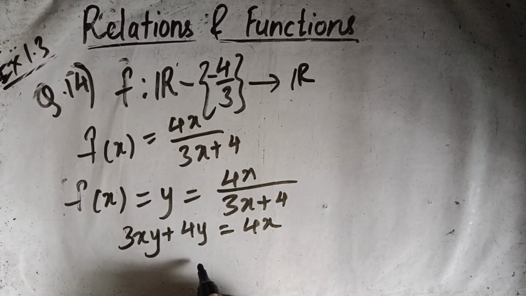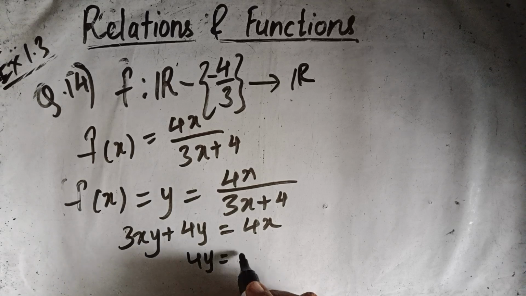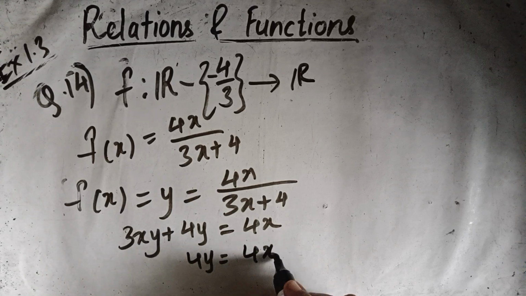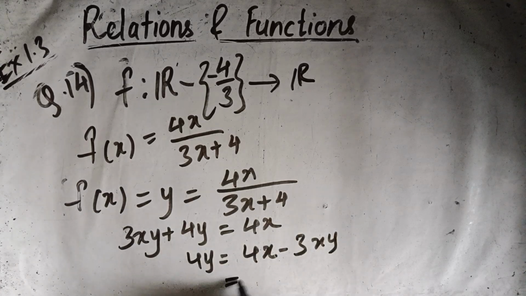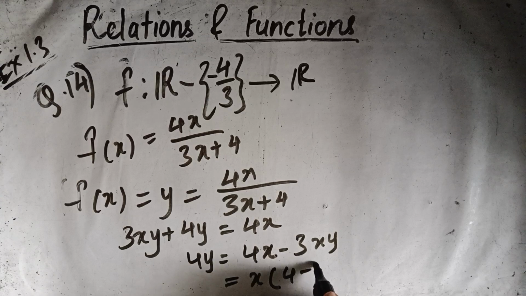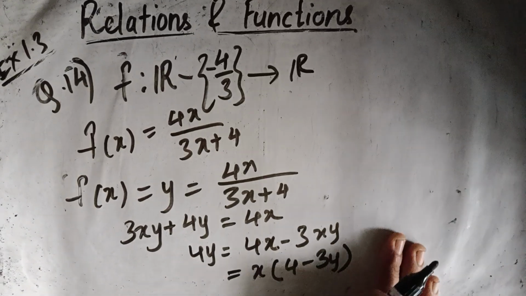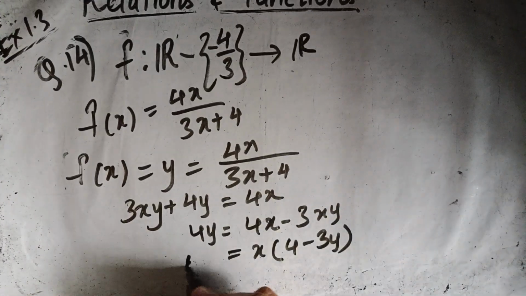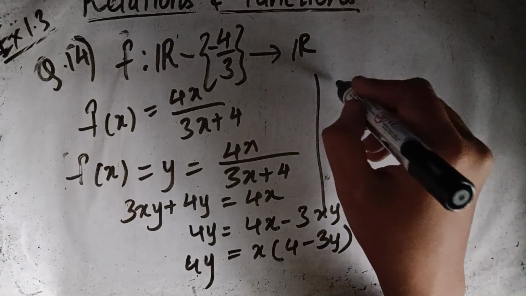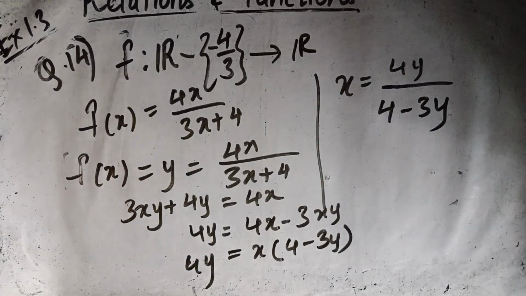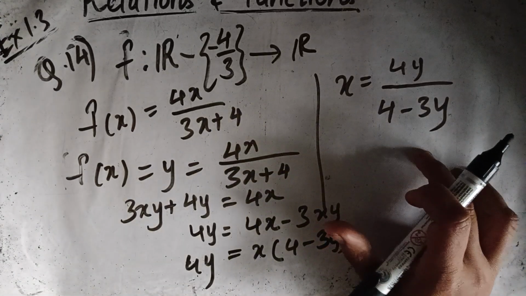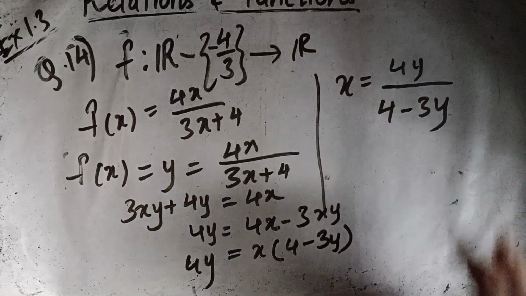So 4y equal to 4x minus 3xy. Take x common, so this is x times 4 minus 3y. So our x is 4y upon 4 minus 3y. So this is our G function, 4y upon 4 minus 3y.